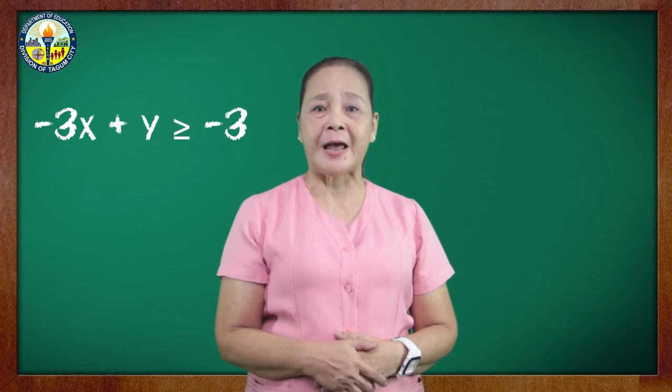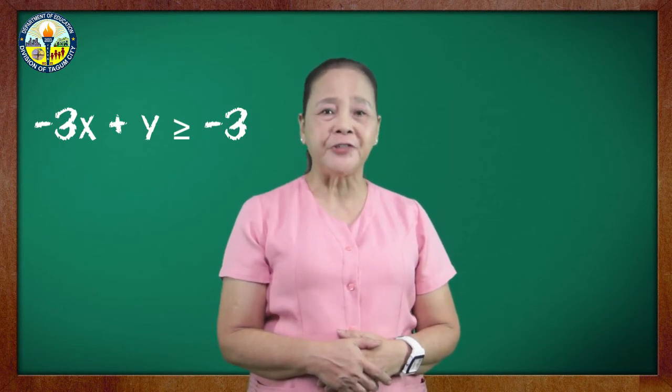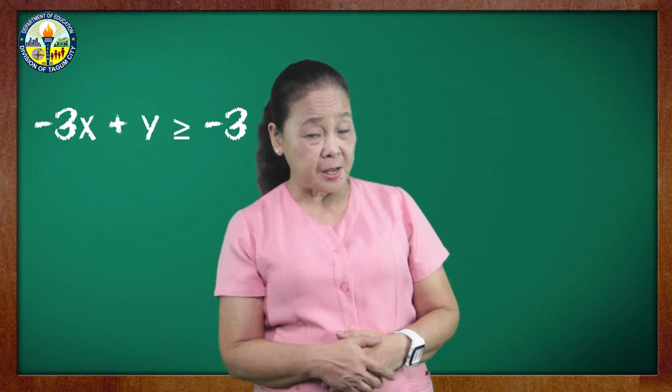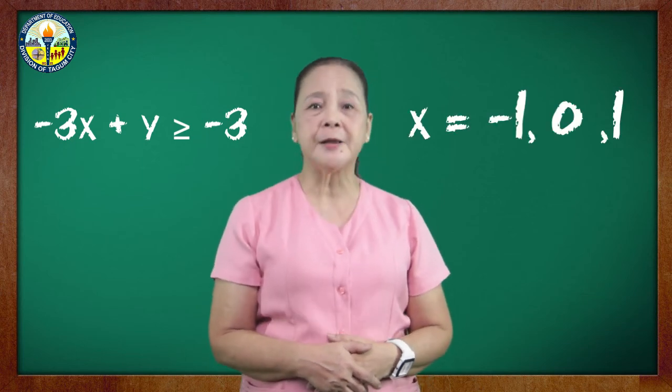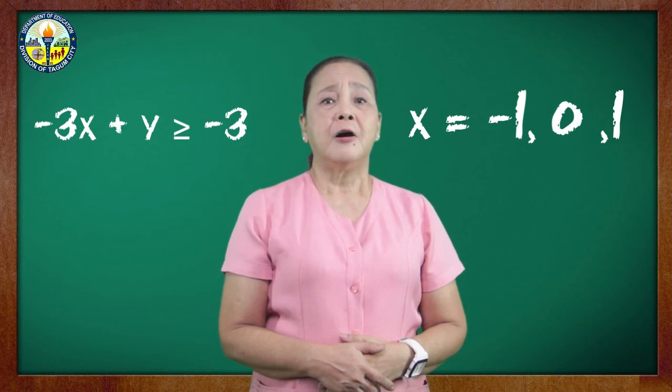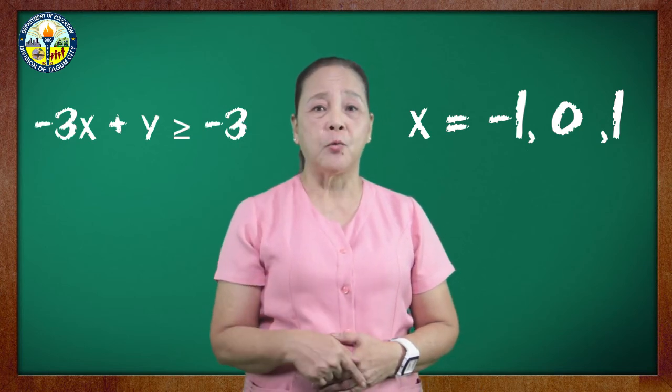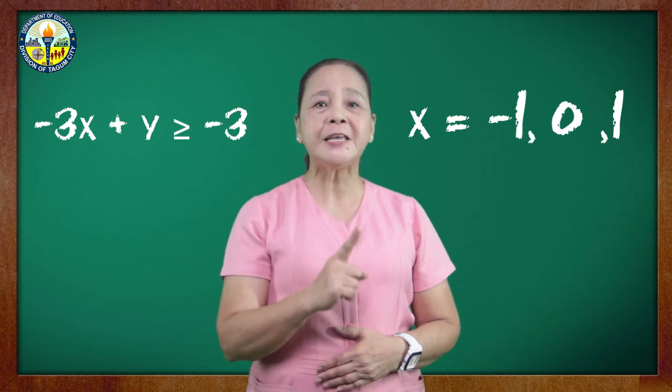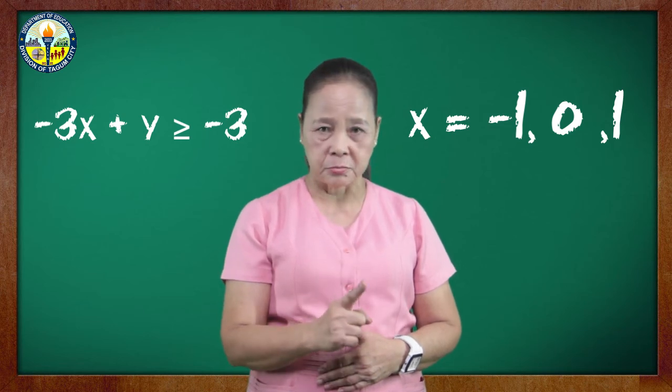Now it's your turn. On a graphing paper or any clean sheet of paper, graph the solution of negative 3x plus y greater than or equal to negative 3 when x equals negative 1, 0, and 1. Follow the steps below. First, rewrite the inequality as an equation.